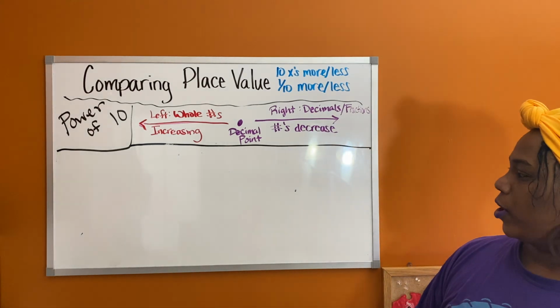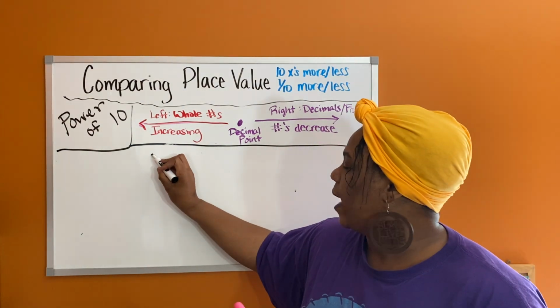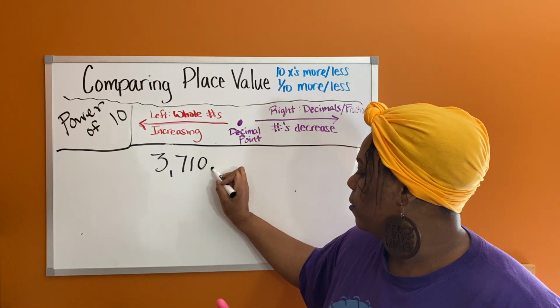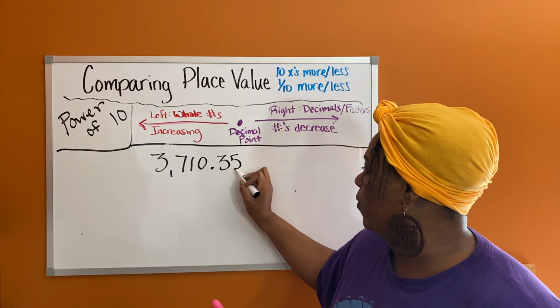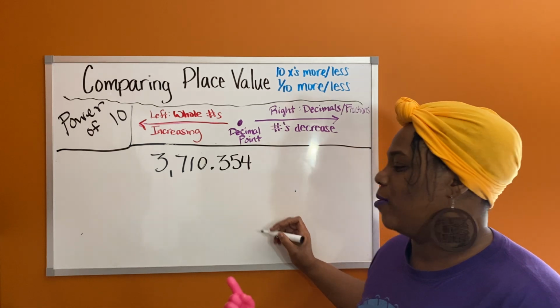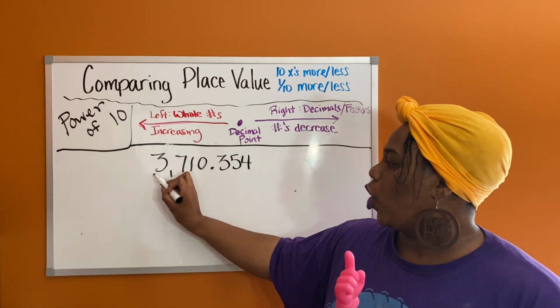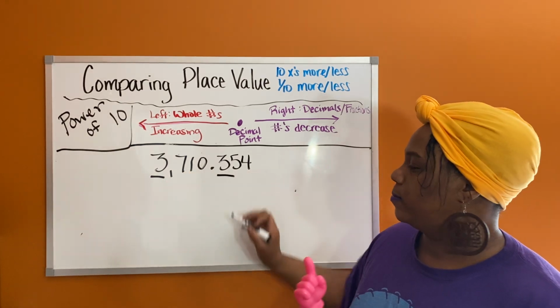So now you're going to write this number, 3,710 and 354 thousandths. Okay? And we are going to be comparing our threes.